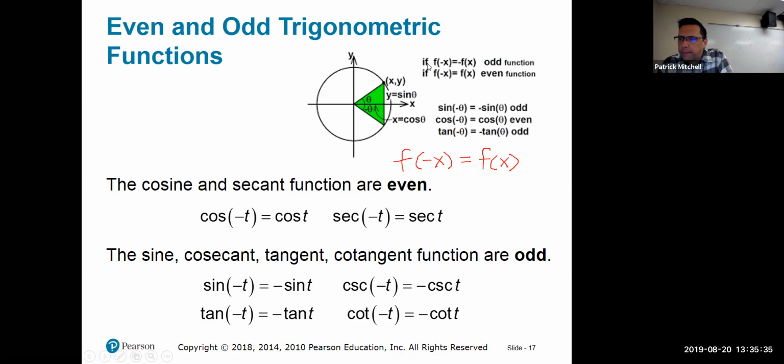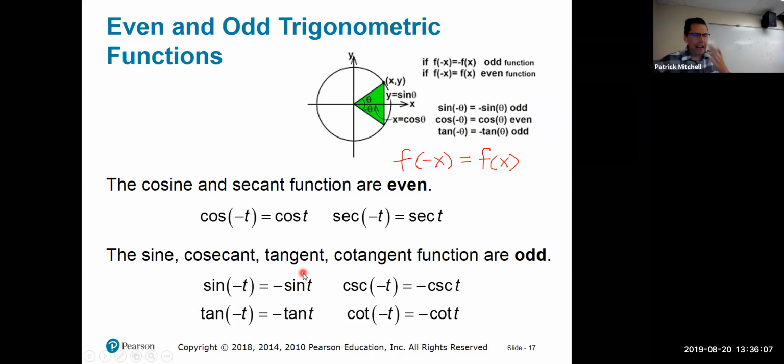When you look in the picture, it's not my picture, I stole it, sine theta would be y. Sine opposite theta would be negative y. The y coordinate of this point is the opposite of the y coordinate of this point, all right? So this thing here in my picture would be negative y, and this thing over here would also be negative y, okay?